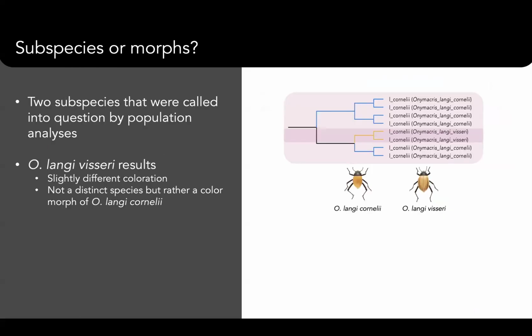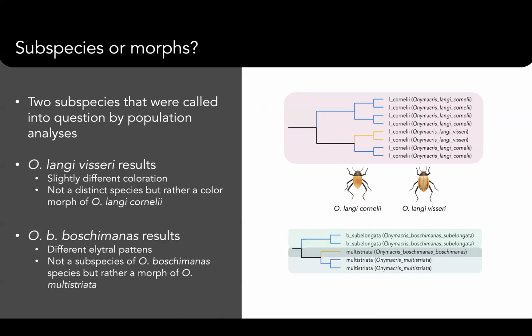So there are two subspecies that were called into question by the analysis. Langivisarii, which you see on the screen here, has a slightly different coloration than Langicornellii. However, in this analysis, it did have the population designation of being Langicornellii. So it is not a distinct subspecies, but rather a color morph within that species complex.